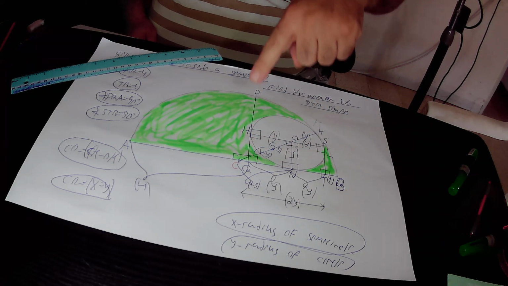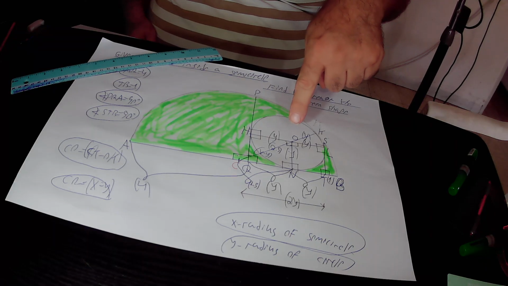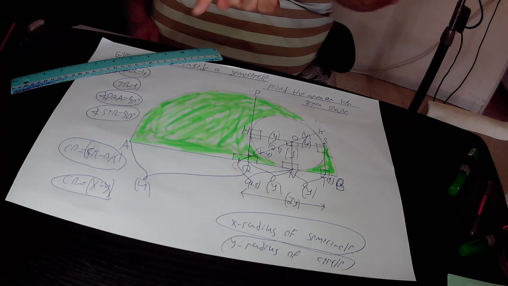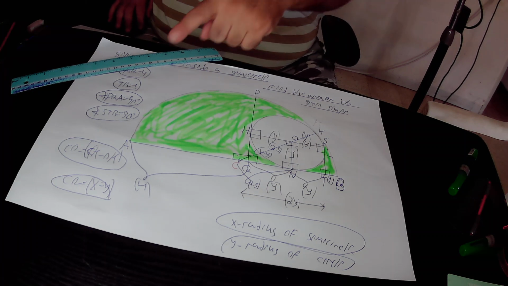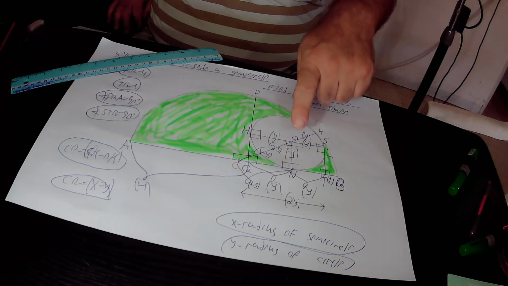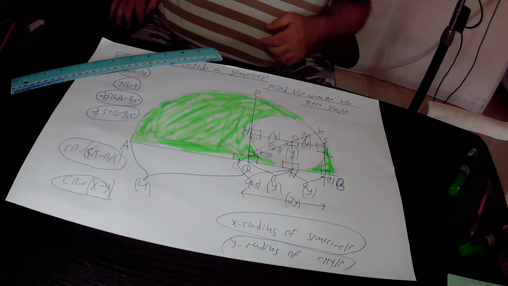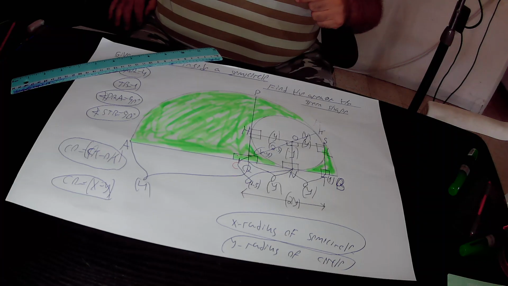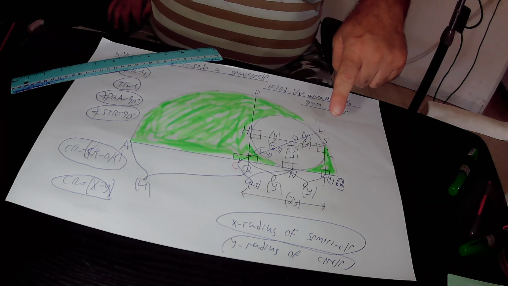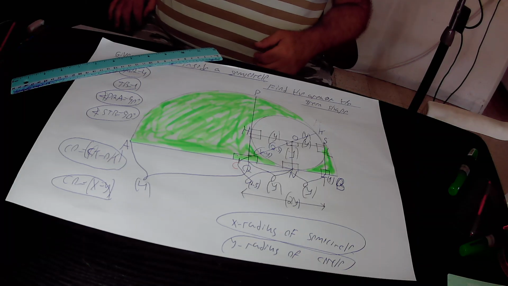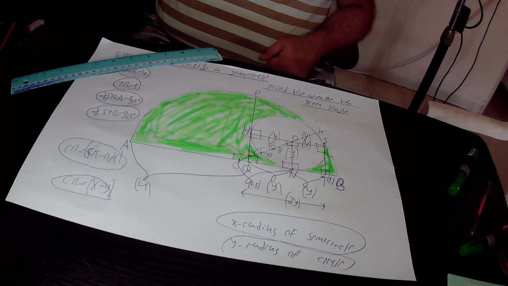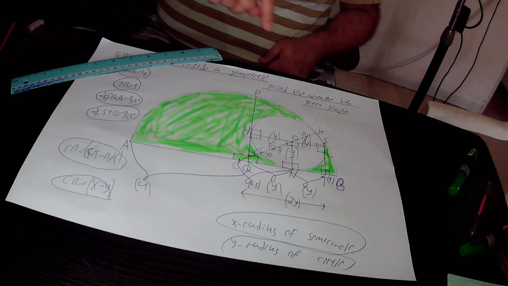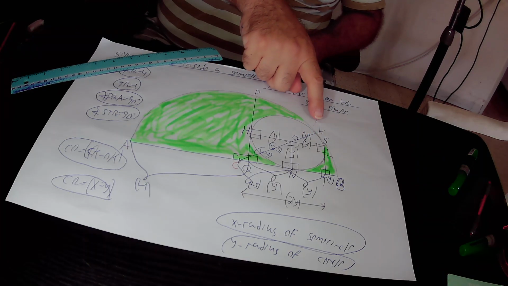In addition, we define the center of this small circle as point O, and the center of this big semicircle as point C. In addition, we define the point of tangency of tangent AB with this small circle as point N. Likewise, we define the point of tangency of tangent ST with this small circle as point L. And we also define the point of tangency of tangent PQ with this small circle as point H. And finally, we define the touching point of this small circle with this big semicircle as point K.